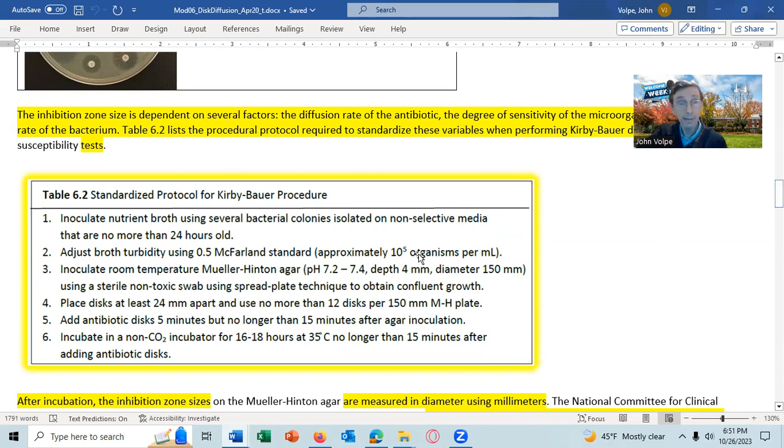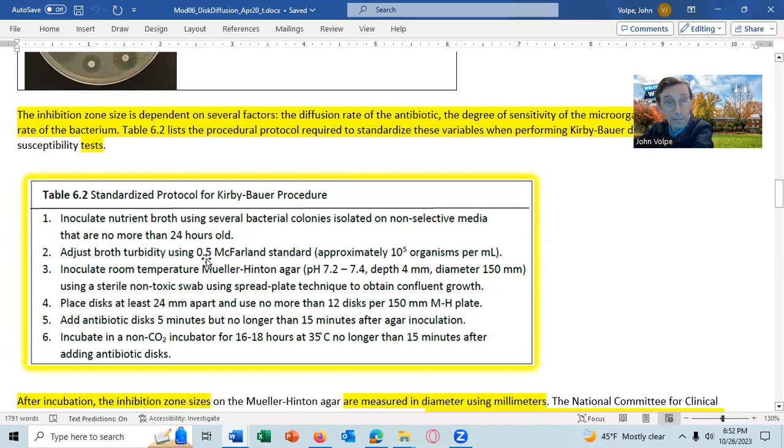First, you inoculate the nutrient broth using several colonies isolated on non-selective media. The cultures are not grown more than 24 hours old. You then grow it in a broth and adjust the broth turbidity to 0.5 McFarland units. That's approximately 1 times 10 to the 5th microorganisms per mL.